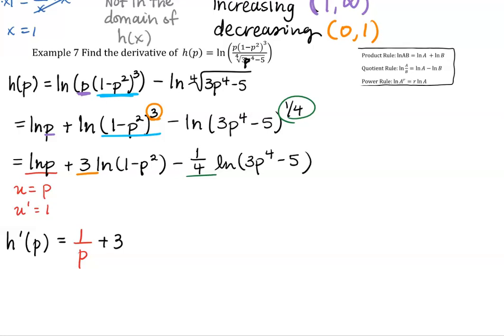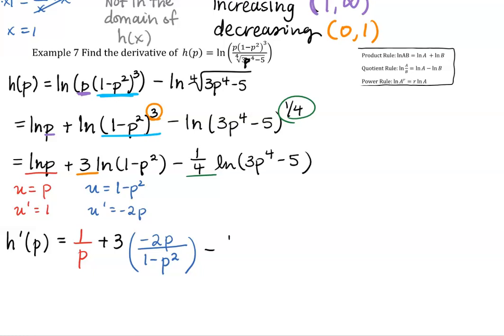Going to take the derivative of the second term, I'll keep the constant of 3 that's out in front. Here, u is 1 minus p squared, everything on the inside of natural log, and u prime is a negative 2p. So this derivative is a negative 2p over 1 minus p squared. Remember, it is u prime over u.